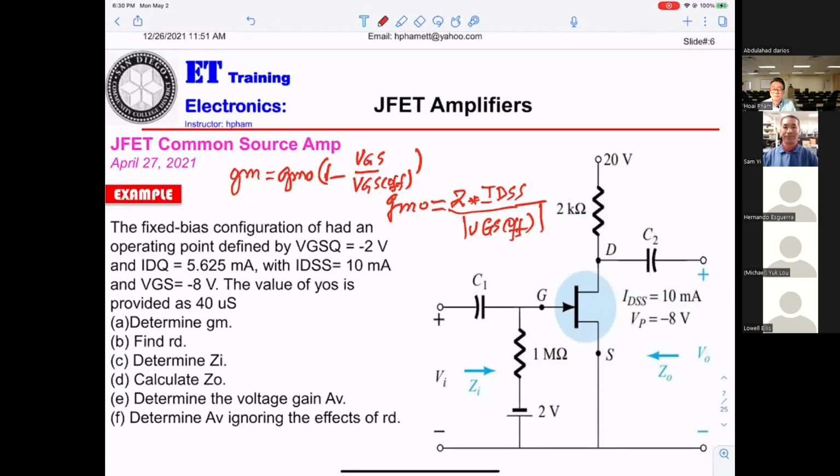It's the value of GM when VGS equals 0. Exactly. GM0 means the value of the transconductance with VGS equal to 0, and normally it is given by the manufacturer.